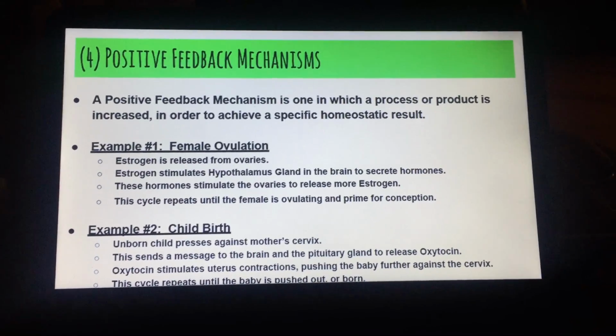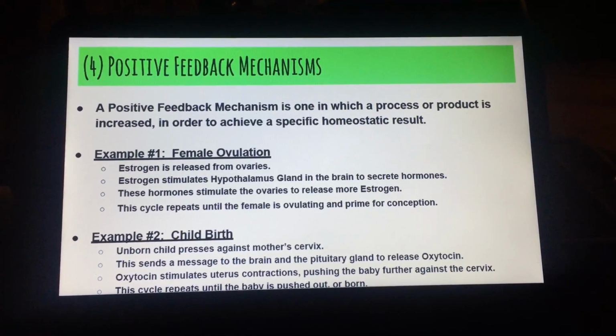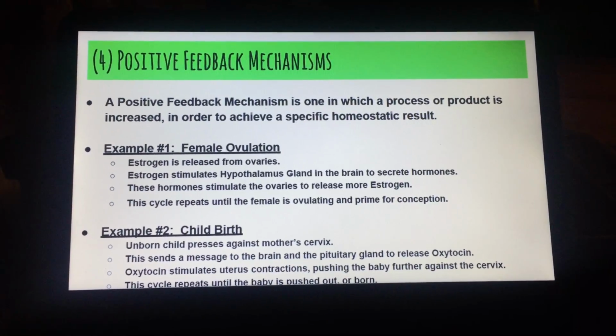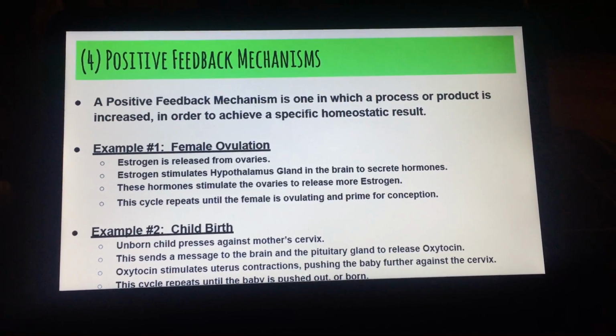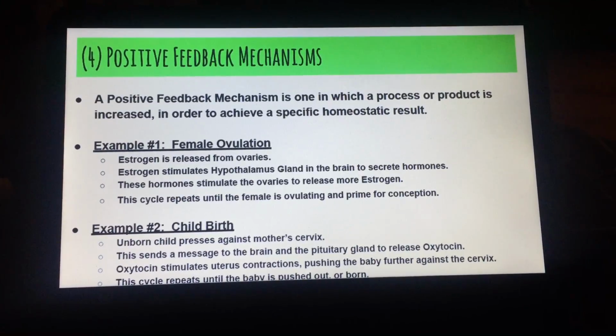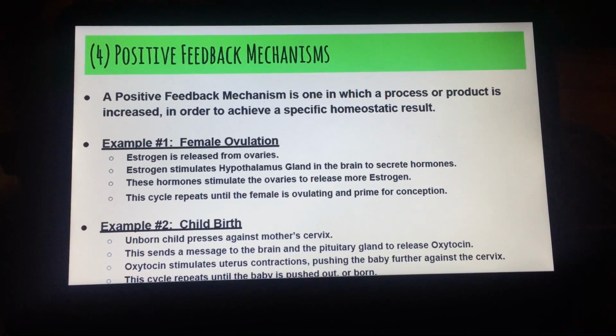But a positive feedback mechanism is one in which a process or product is increased in order to achieve a specific homeostatic result. So the way you can maybe try to remember this, if you're working on a project or you gave a performance and you are going to receive feedback, right?